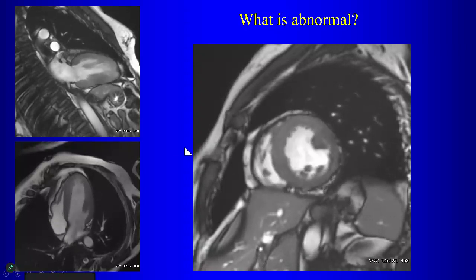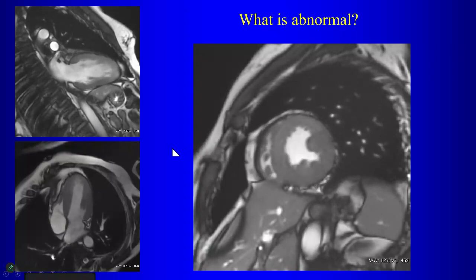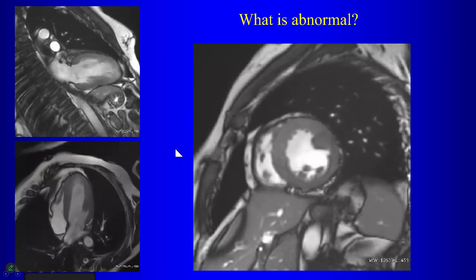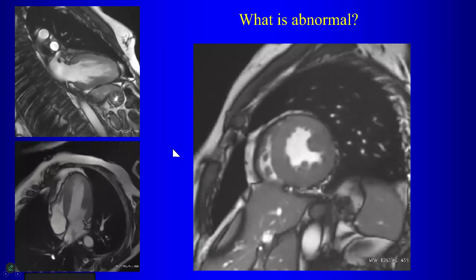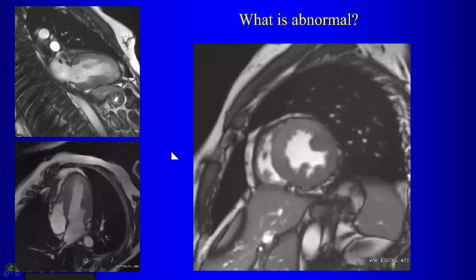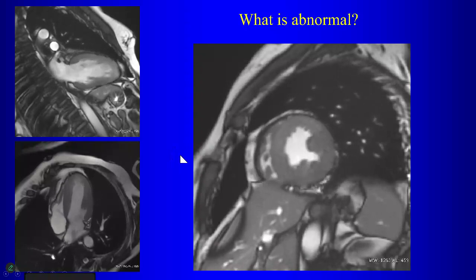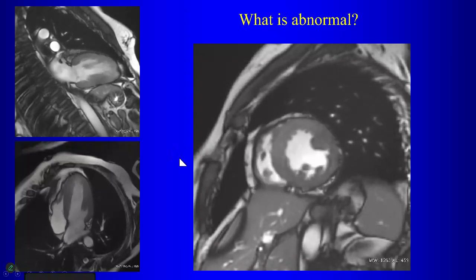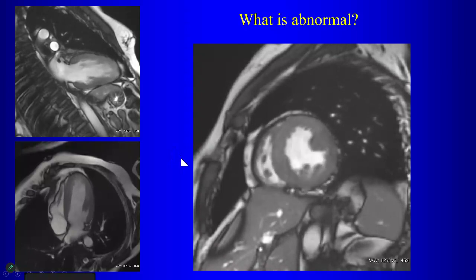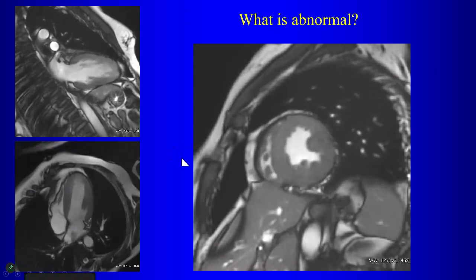So what would you like to see now? Well, what could do this? Perfusion. Well, if we're going to go ahead and do a stress test, right? You'd want to see first pass, you want to see perfusion, but this person has this defect at rest, right? This is not a stress study. So delayed enhancement. Right.